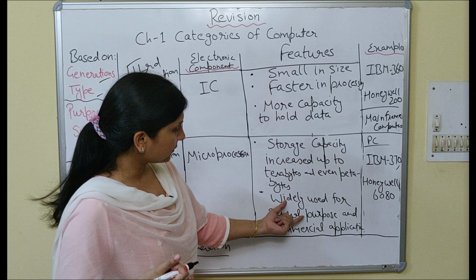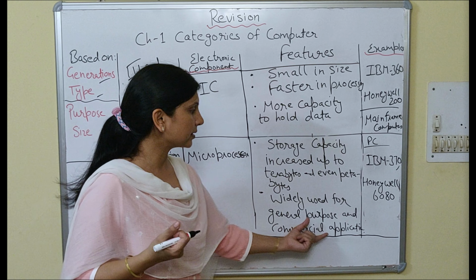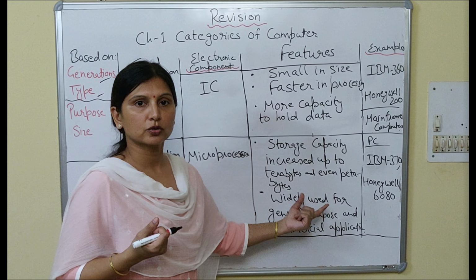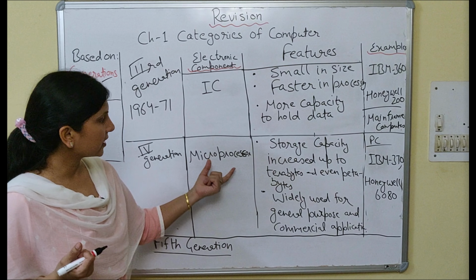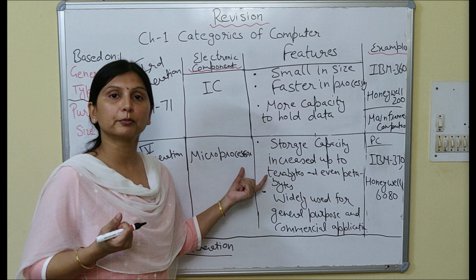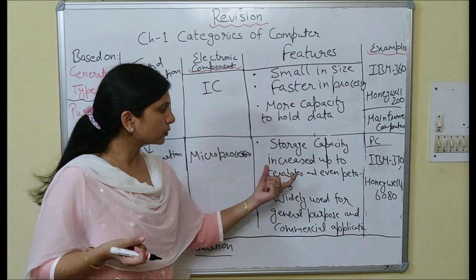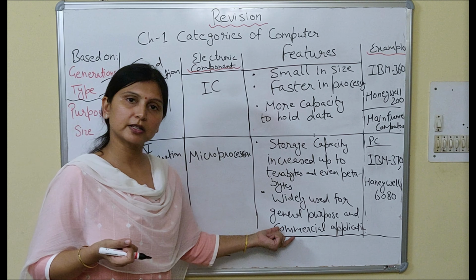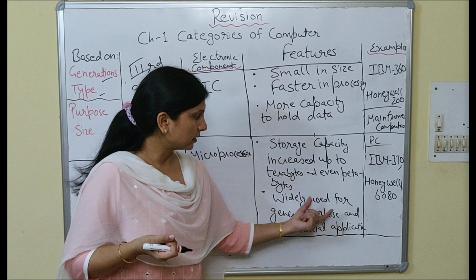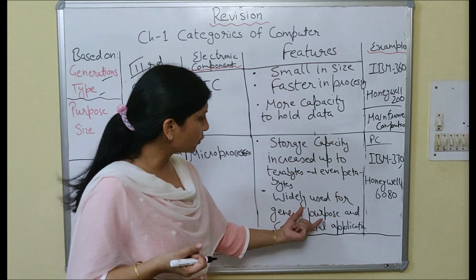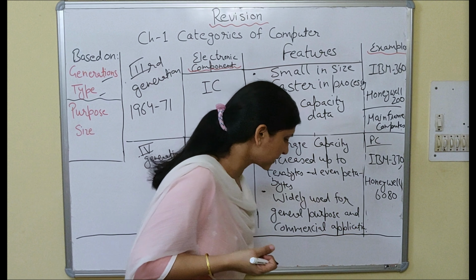The second feature is that they were widely used for general purpose and commercial applications. The computers of this generation are called microcomputers or PCs, which we commonly use for both general and commercial purposes.